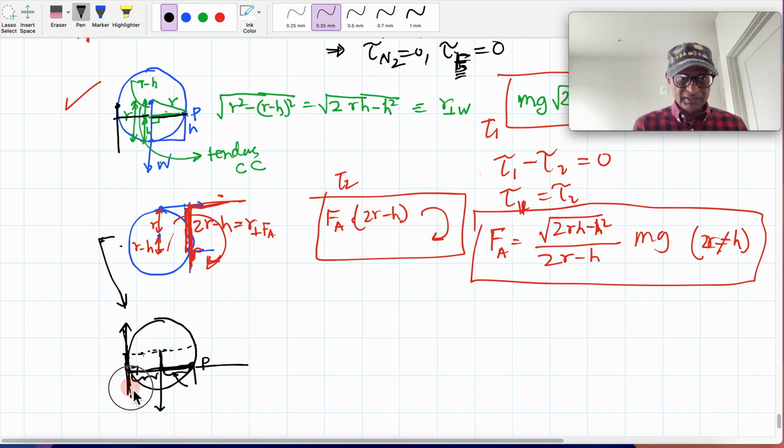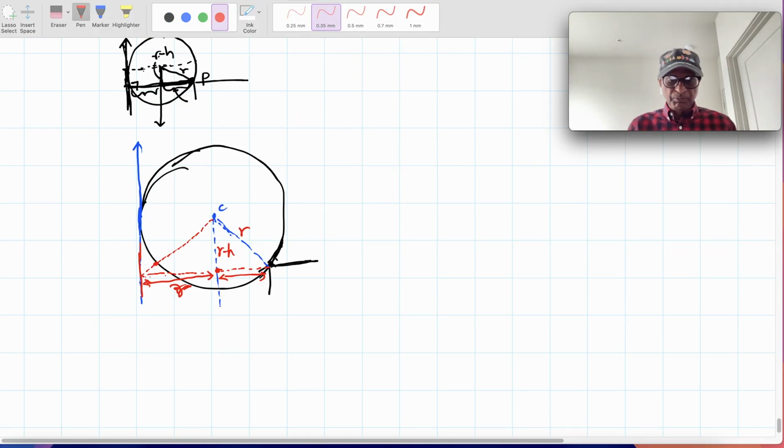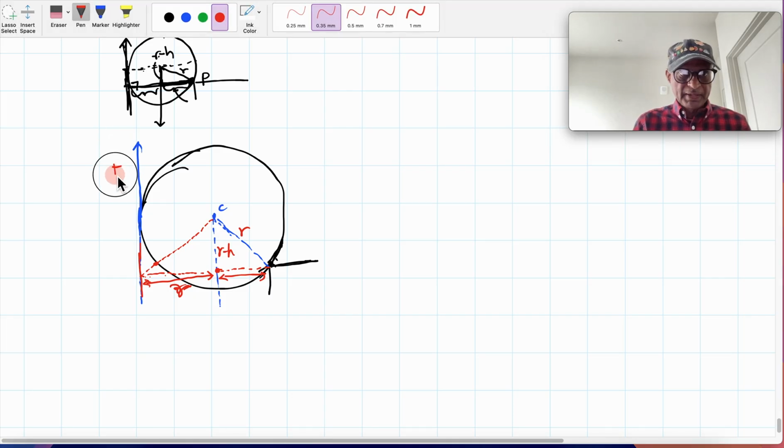I mean, look at this. This is this corner to this thing. So this was R, and this is R minus H. But is it going to be the same thing over there? Let's draw a bigger picture. In the bigger picture, you can clearly see that when this FB is here, it's not 2 times this.